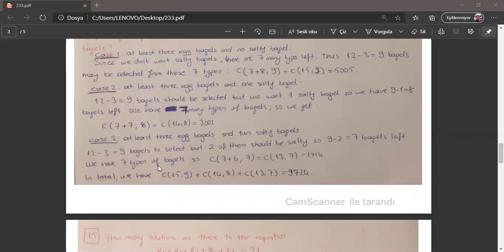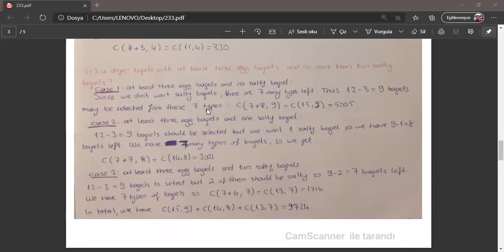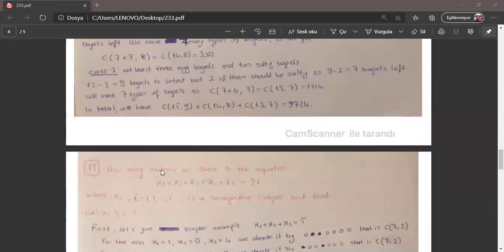So we have 7 types of bagels. Okay, so we add 6 because again, by the same reason, they can be of the same type. So we add 6. Okay, so we have this combination. Now in total, we add these numbers and get this number. So we have this many bagels, at least 3 of them egg bagels and no more than 2 salty bagels.